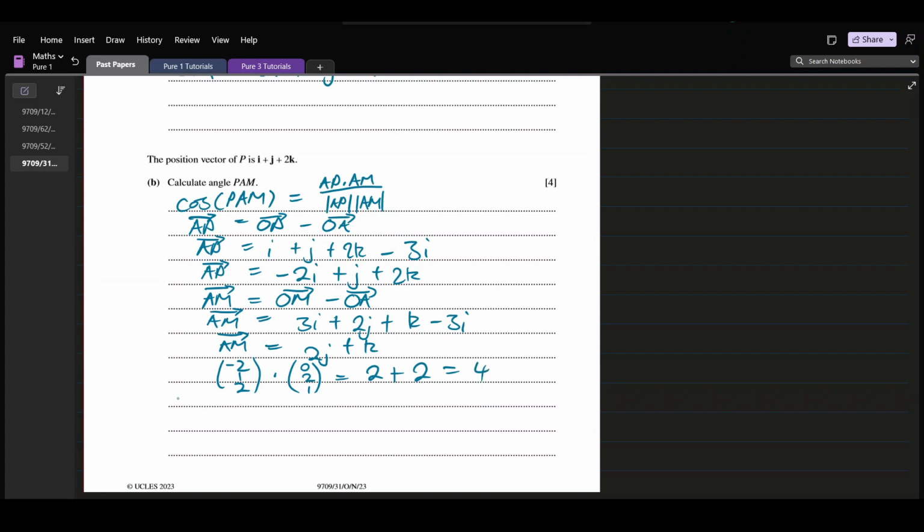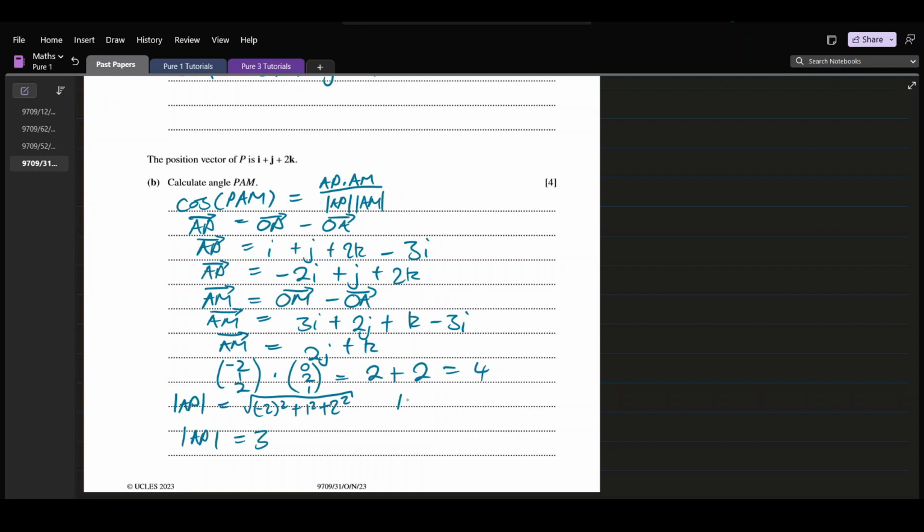Now let's find the moduli of both vectors. So let's start with AP. Modulus of AP is equal to the square root of -2 squared plus 1 squared plus 2 squared. Let's punch that into the calculator, that's root of 2 squared plus 1 squared plus 2 squared, and that gives us 3.